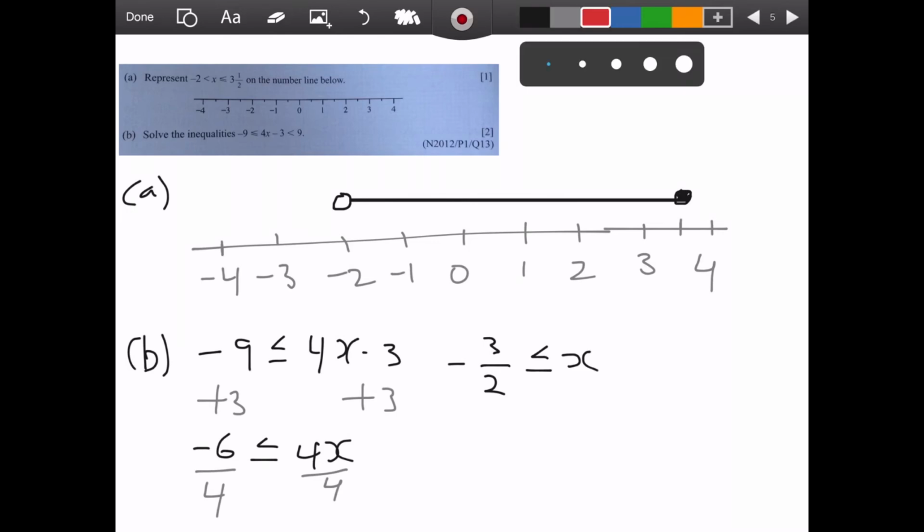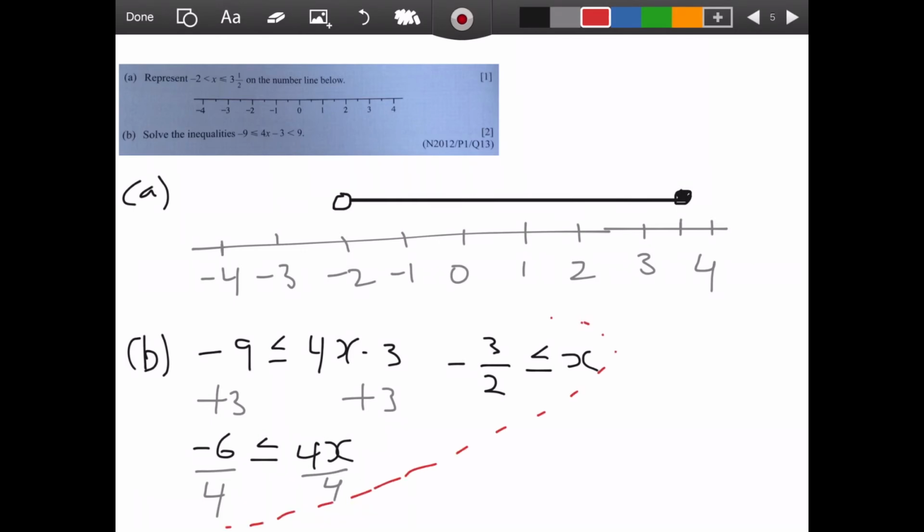The other inequality is this: 4x minus 3 less than 9, right?